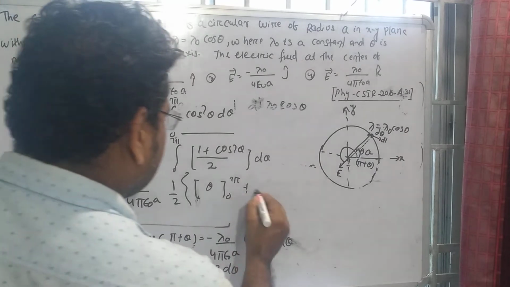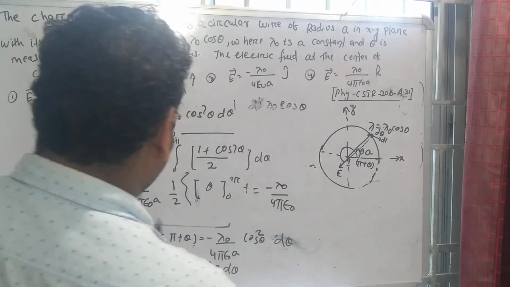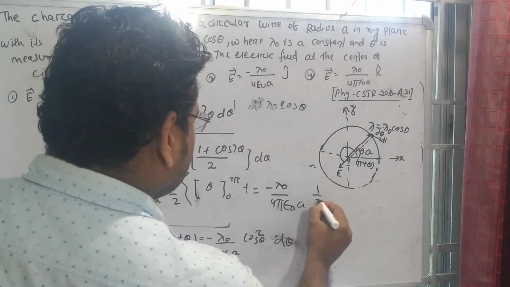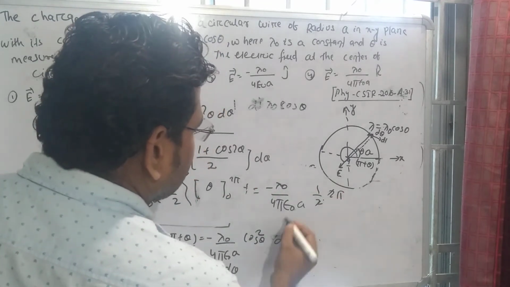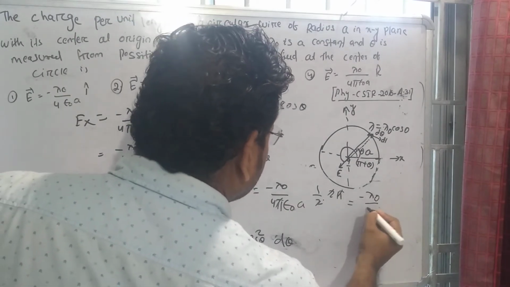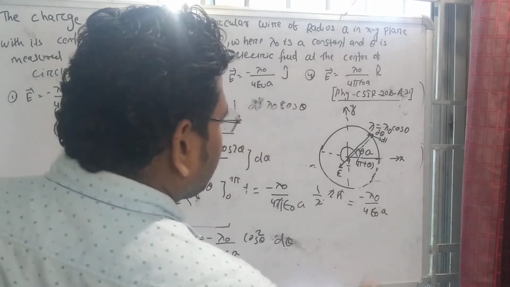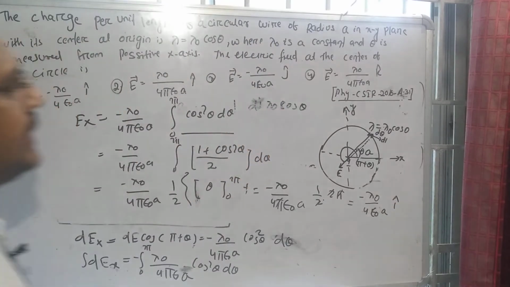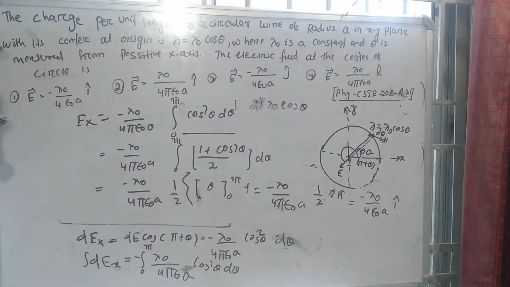So only remains minus lambda 0 by 4 pi epsilon 0 times a, and this will be half into 2 pi, so 2 will be cancelled out, pi will be cancelled out, this will be minus lambda 0 by 4 epsilon 0 times a, and this is along I cap, so this is the x component, so I can write it as I cap.